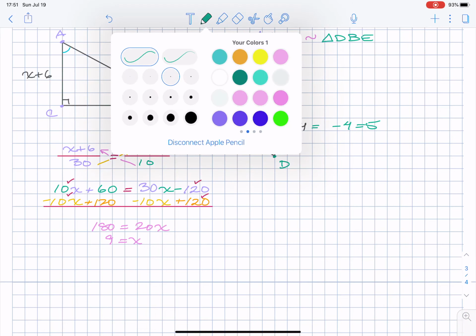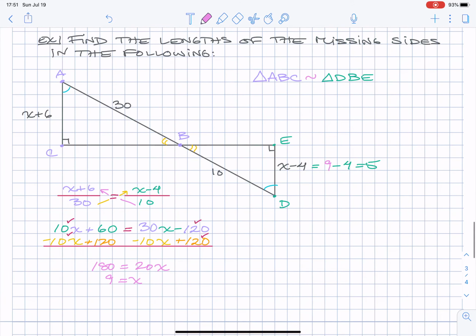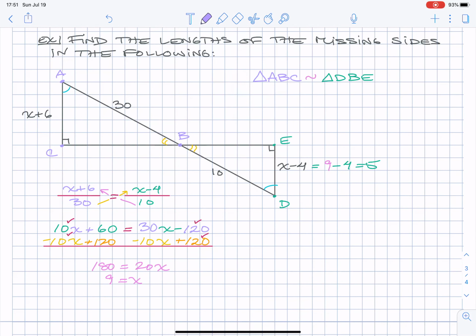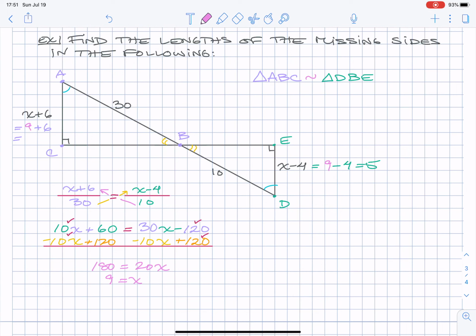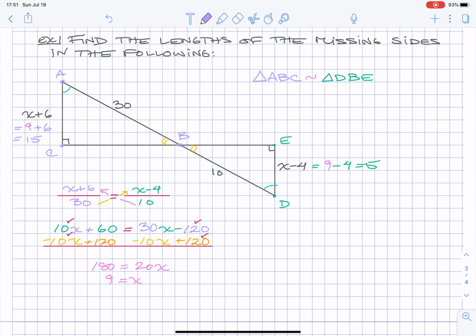Let me put the 9 in there in pink. And over here on the left, I'll have 9 plus 6. So 9 plus 6 is 15, right? Okay, so that's interesting, because notice how 30 is 15 times 2.